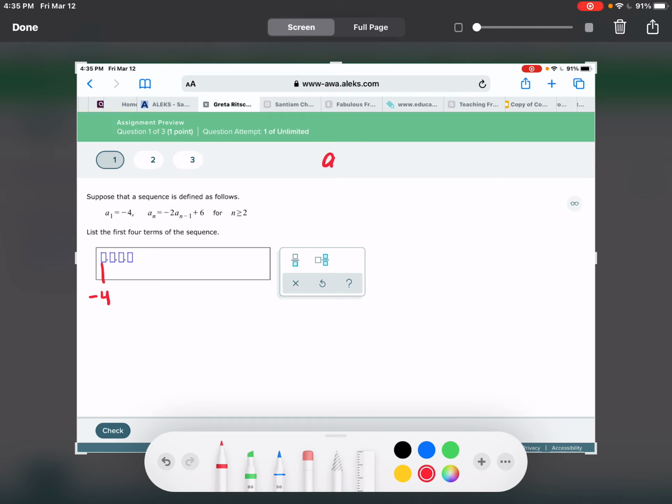So to find a sub 2, that would be the second term, we are going to do -2 times a sub 2 minus 1, because our n is going to be 2, so we'll make the same 2 in both places, plus 6.